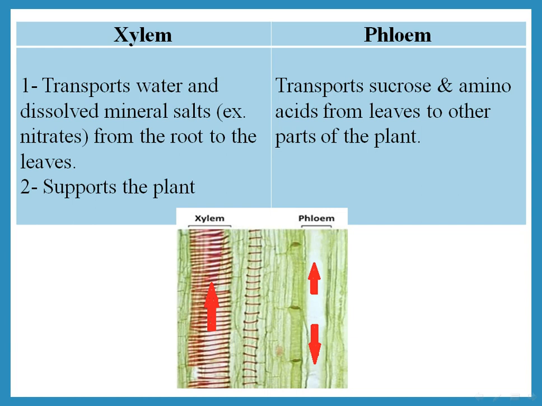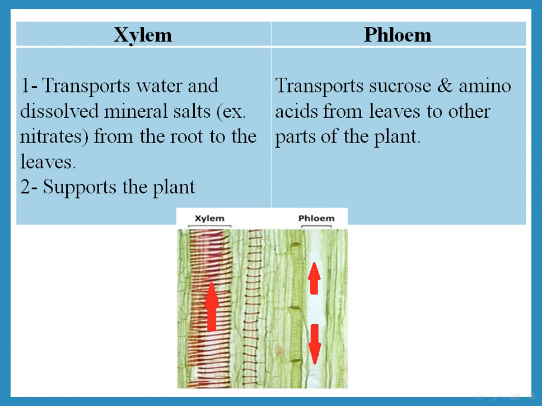So the leaves make sugar in the form of glucose, and they use that to make amino acids in order to make proteins. Now we want to send all of this to the rest of the plant so that they can use it. Of course, they use the sugar for respiration and the amino acids to make proteins for new cells. How are we going to transport it from the leaves to the other parts of the plant?